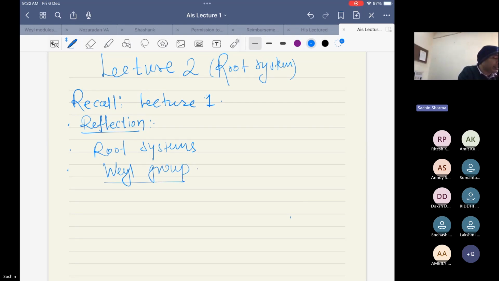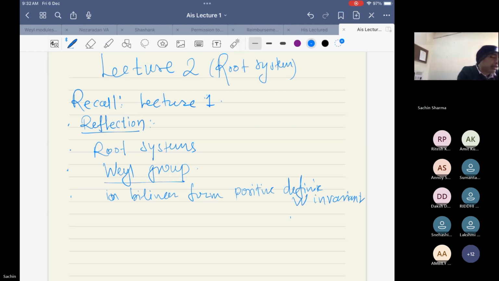Suppose you have a vector space over R, it always enjoys having a very nice inner product. So we have an inner product, a bilinear form, which is positive definite and W invariant, in fact Phi invariant if you think.